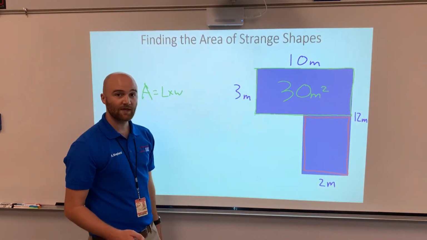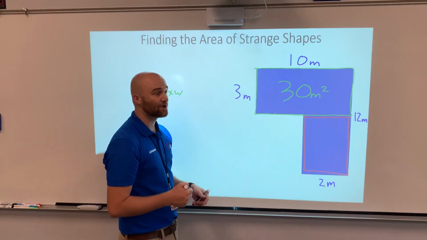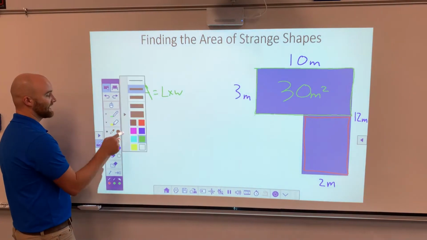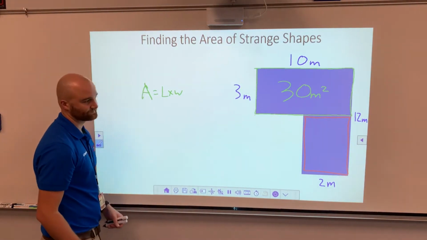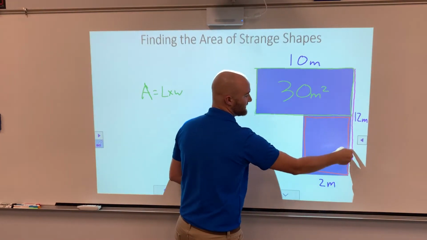The way that I'm going to do that is I'm going to look at the sides that are going up and down. I notice that this 12 goes all the way up and down.